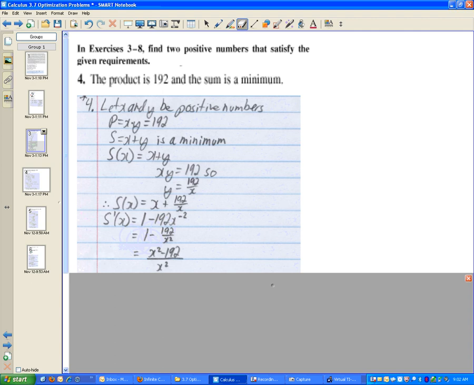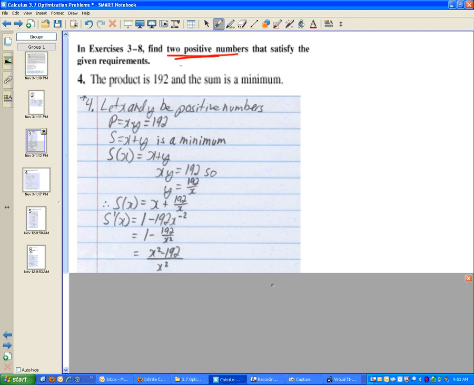Now, I know I'm going fast, but we're running out of time. So you with me? All right. To find the critical numbers, where the derivative does not exist would be x squared equals 0. You get x equals 0. Can x equal 0? No. We didn't write the domain out in the little parentheses notation, but they told us right off the bat that they're positive.